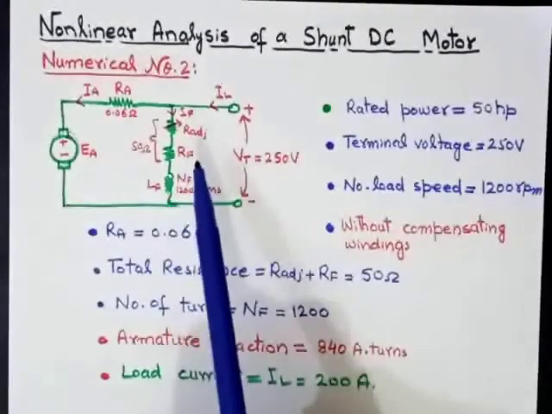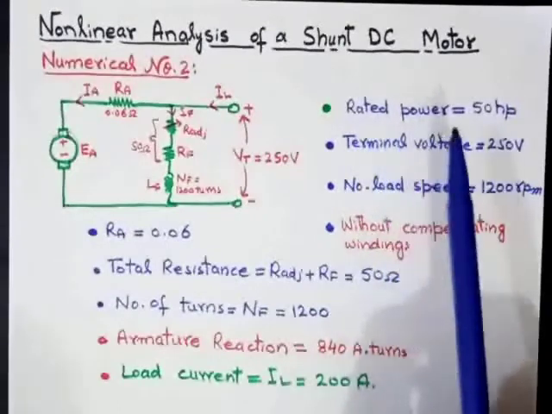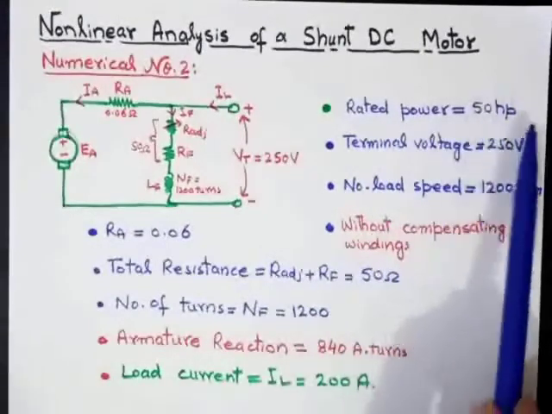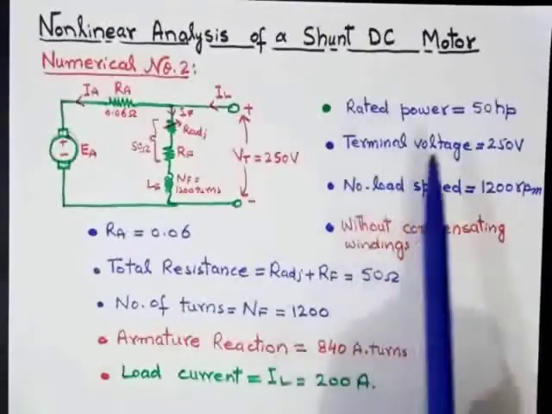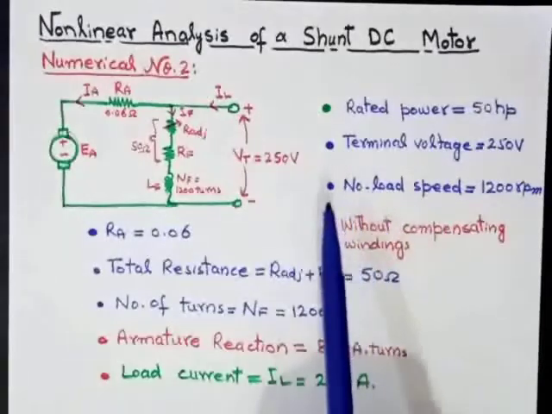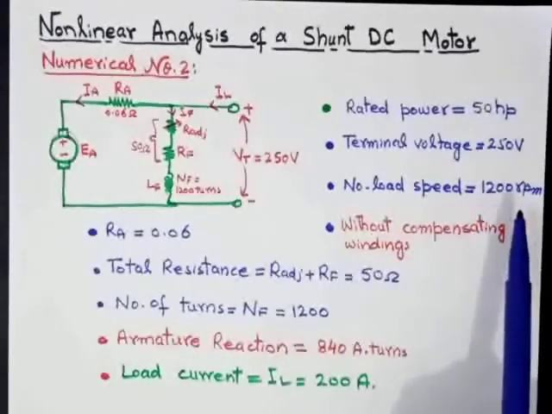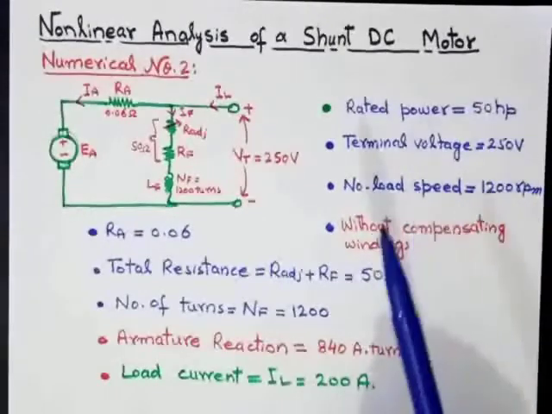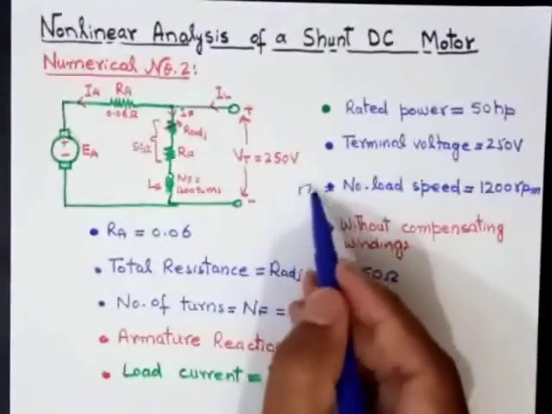So the question is: the rated power of the DC shunt motor is equal to 50 horsepower, the terminal voltage is equal to 250 volt, and the no load speed is equal to 1200 revolution per minute. This is the no load speed, N naught.